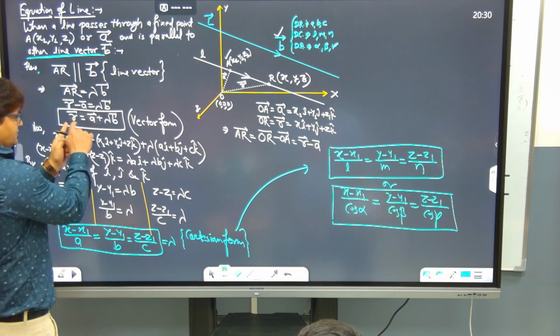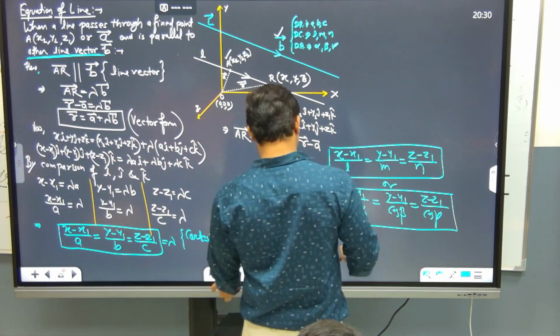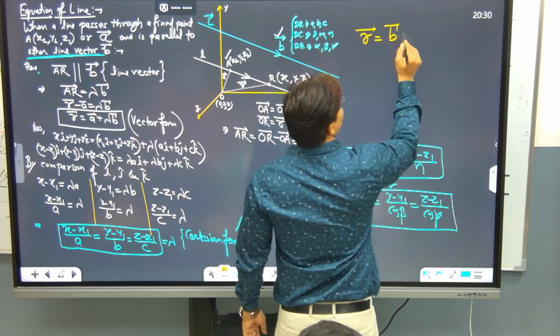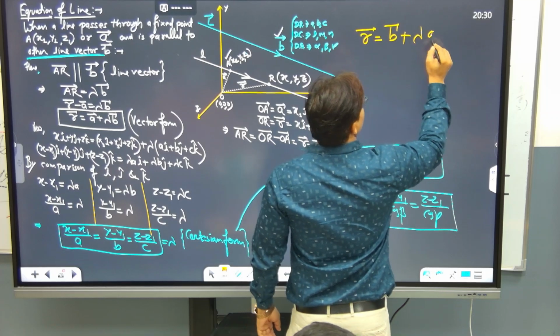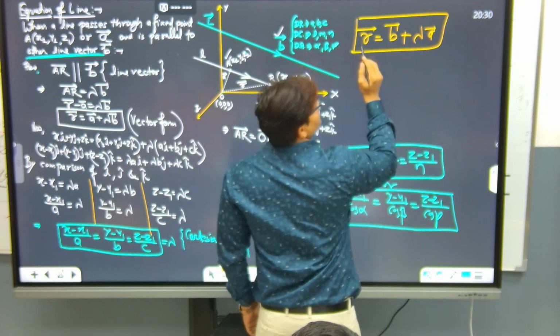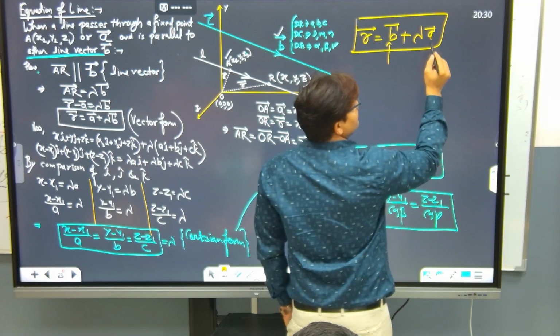Now sometimes the same form is given in a different format. If it is given in a pattern like r equals b vector plus lambda of a vector, in that case our line passes through this fixed point and we have this direction.